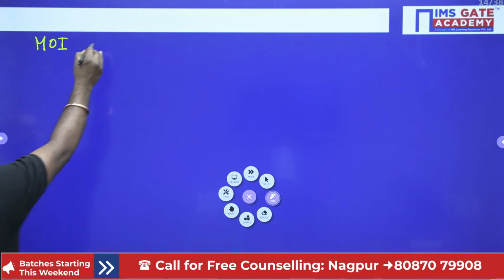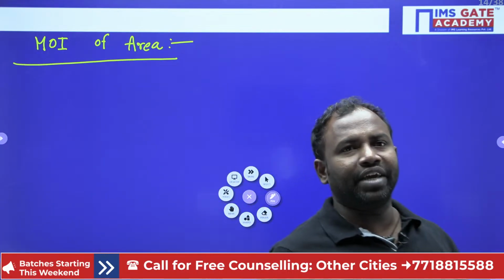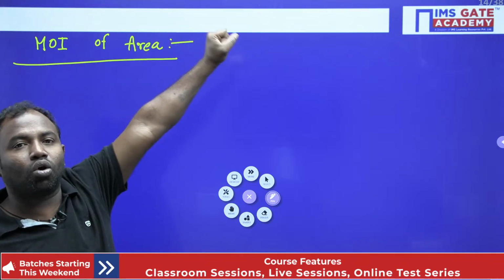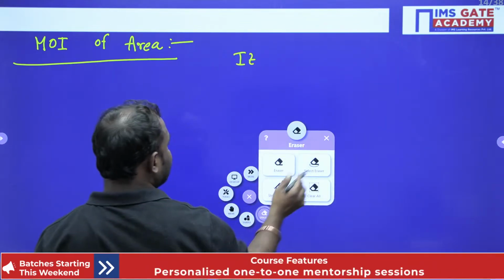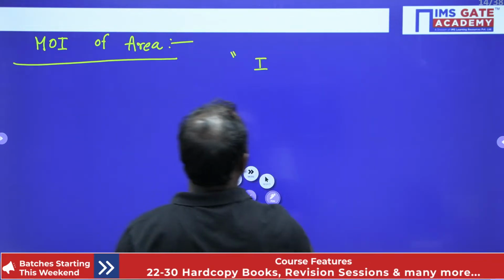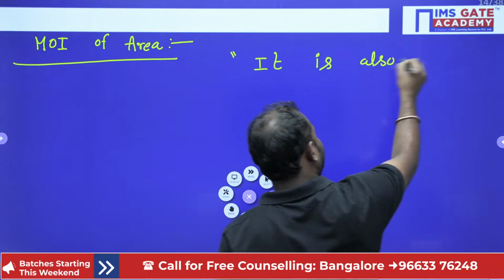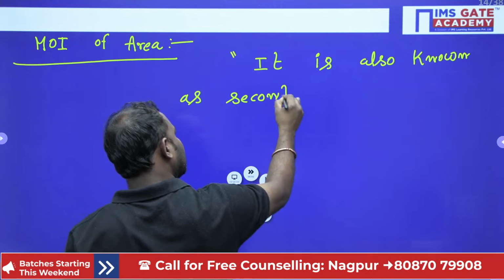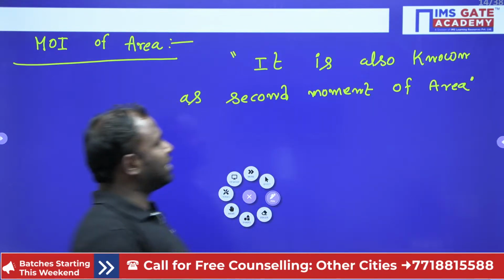Most of the time, when we say moment of inertia, MOI, we mean the moment of inertia of area. It is also known as the second moment of area.